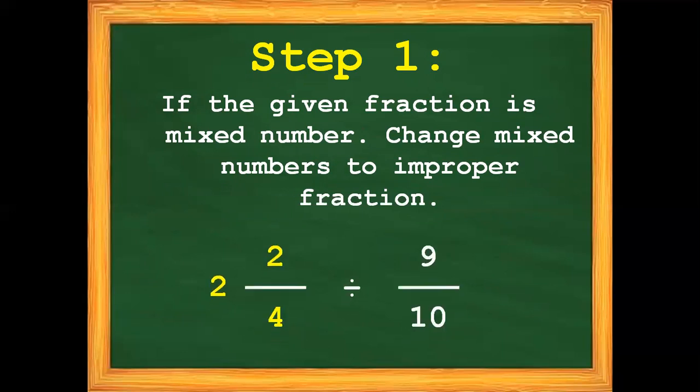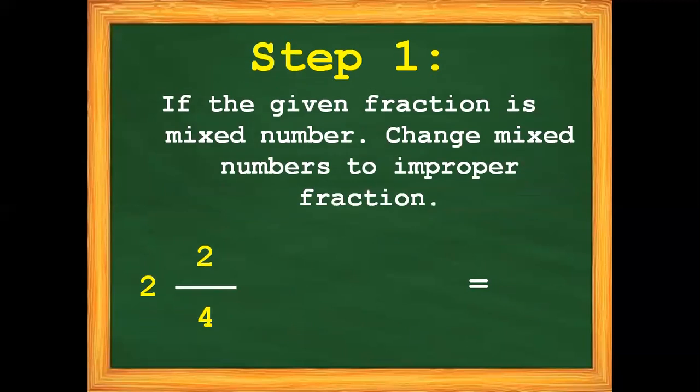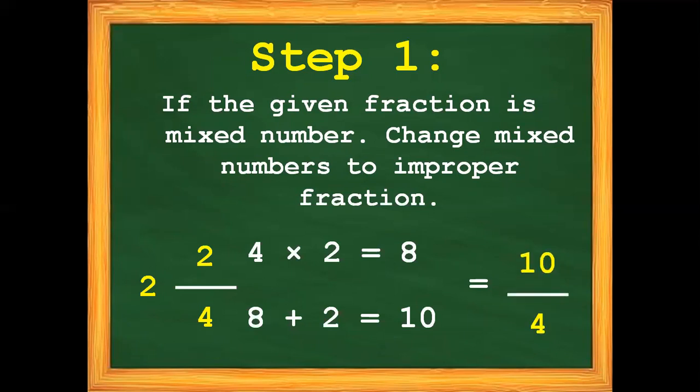Our mixed number here is 2 and 2/4. So let's change 2 and 2/4 into an improper fraction. First, 4 times 2 will give us 8, and 8 plus 2 will give us 10. So the improper fraction for 2 and 2/4 is 10/4.